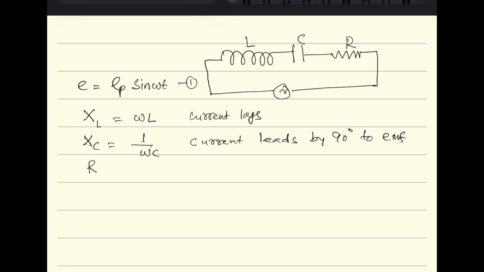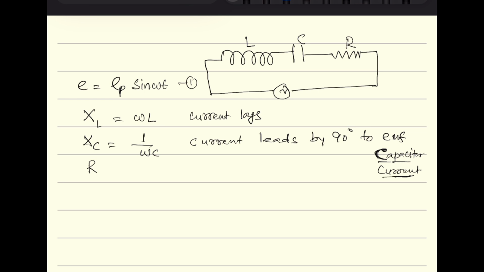So remember how to remember which leads and which lags. Just to remember this, you see, capacitor starts with C, and current starts with C. Just to remember, I am giving you this clue. So in a capacitor, current leads EMF by 90 degree.